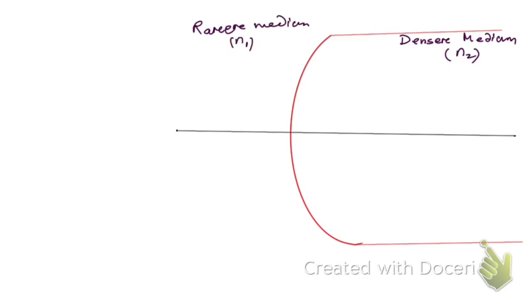Suppose on the principal axis there is an object, represented by O. Here is the incident ray on this spherical surface. This point is P, and here is the center of curvature C, suppose. The image is formed at this point, suppose I.